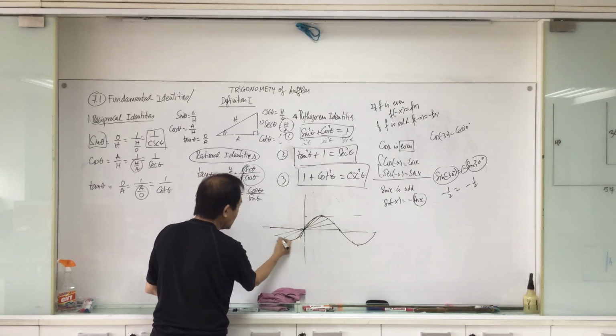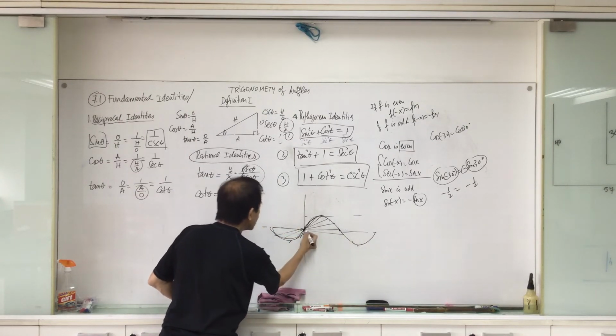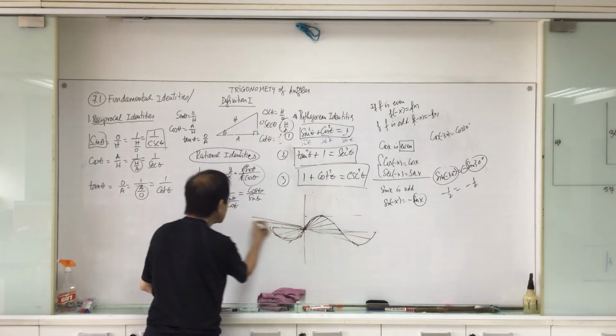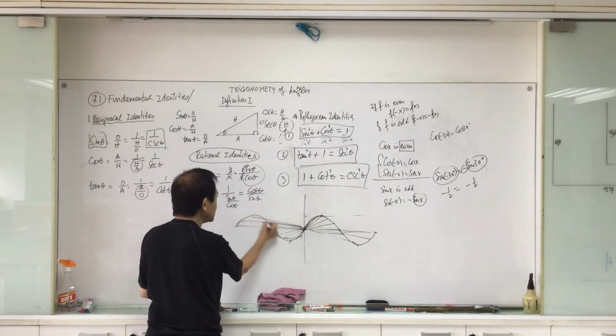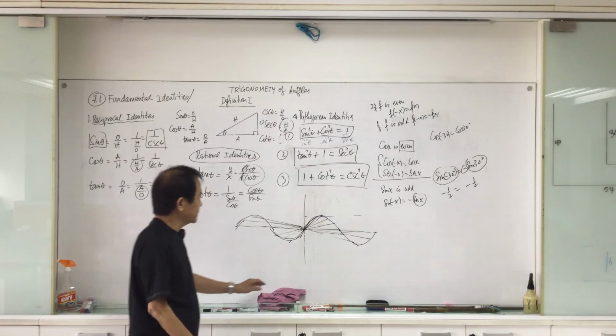So you connect all together here and then reflect this one to the origin. Then you keep on like this, from here to here, and from here to here. So you keep going like this, so you have this part here reflect to that part. This is the odd function.